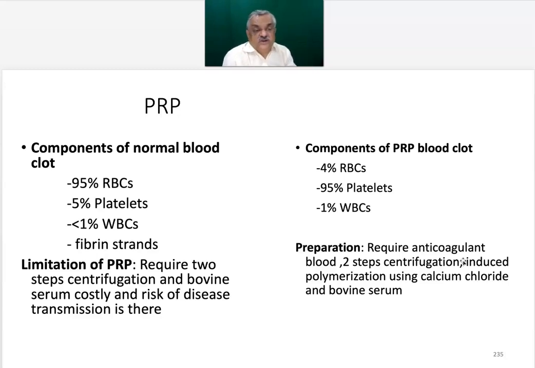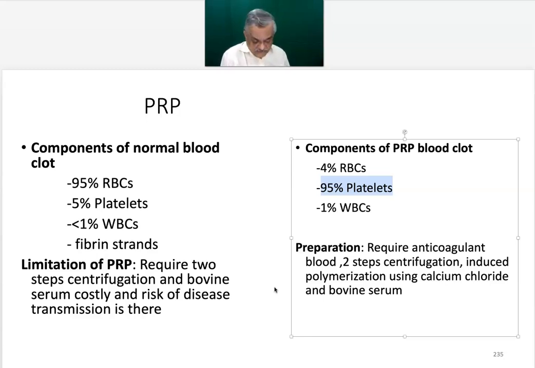Now, this is a PRP clot, which is 4% RBCs, 95% platelets, and 1% WBC. And the preparation requires anticoagulant blood, two-step centrifugation, and induced polymerization using calcium chloride or bovine serum.